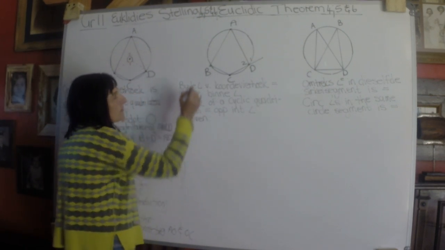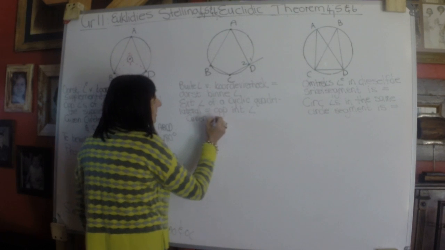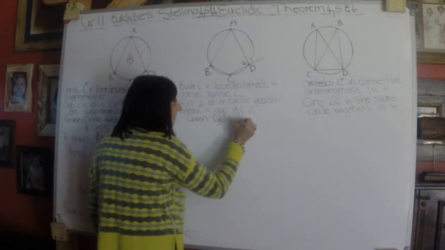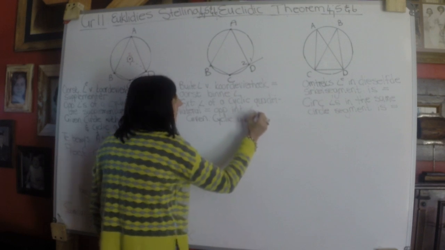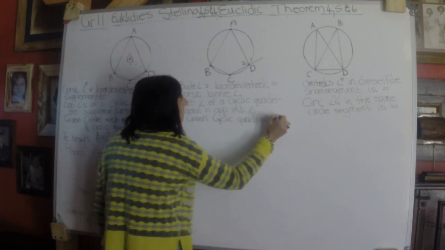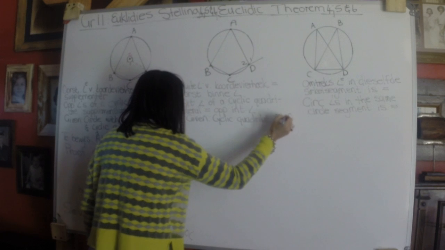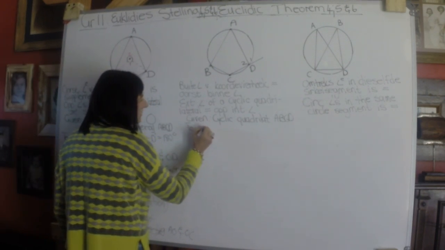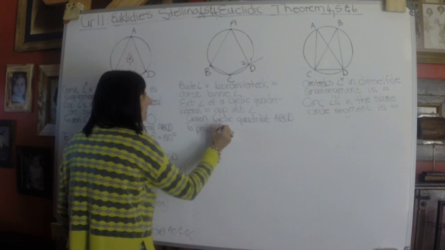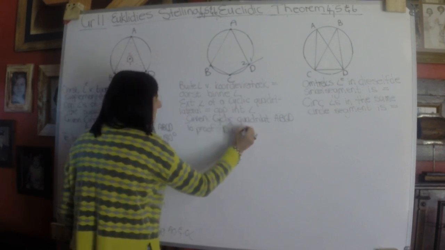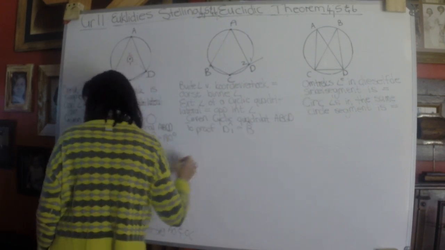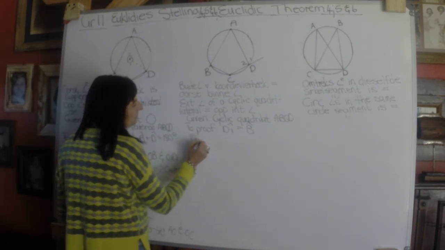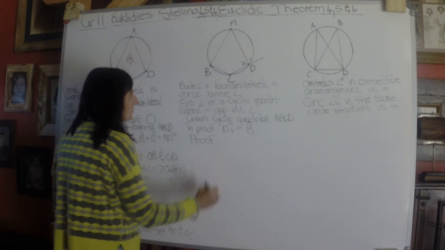Only thing that's been given, there's no midpoint over there, is a cyclic quadrilateral ABCD. Okay, to prove, we must prove that D1 equals B. And in this theorem, there's no construction.